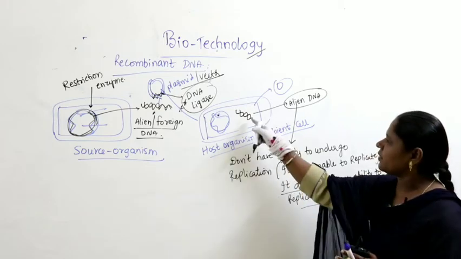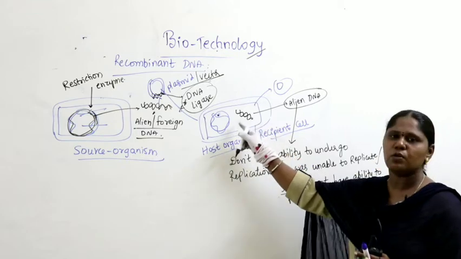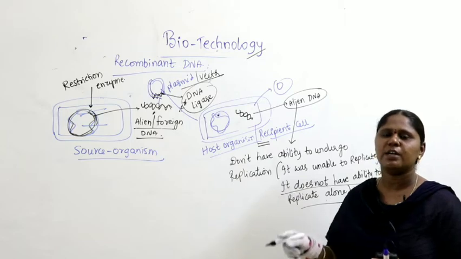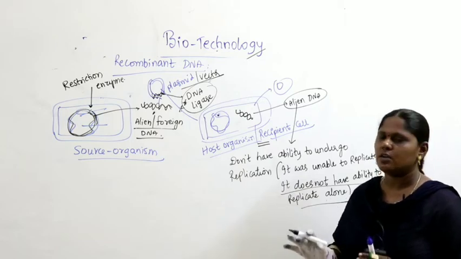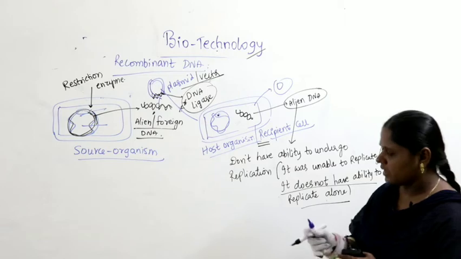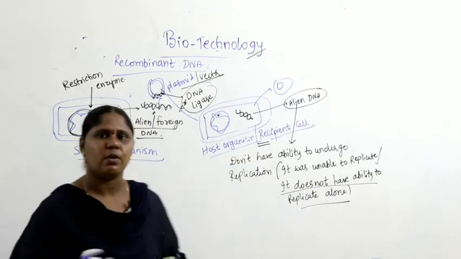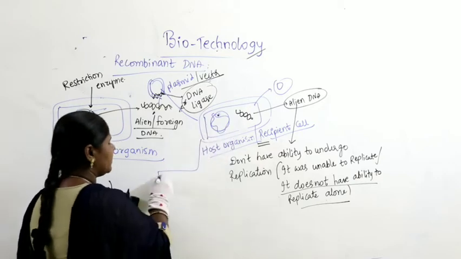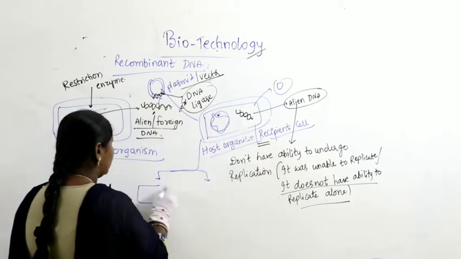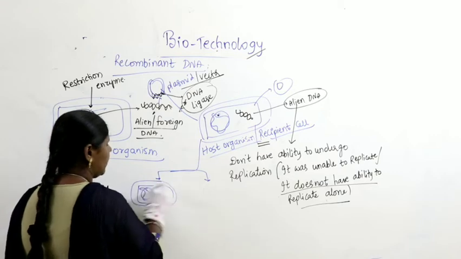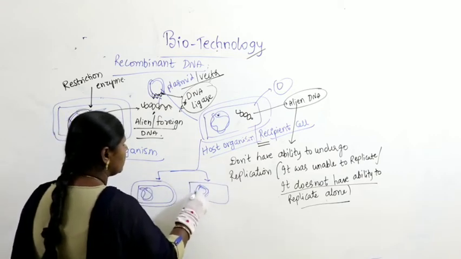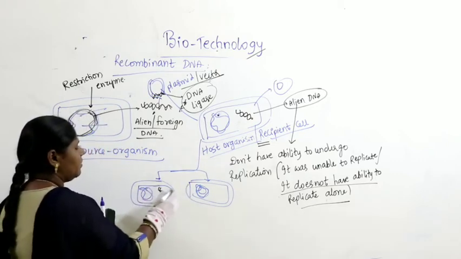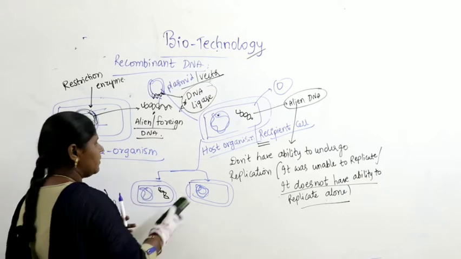Why? Because the fragment dropped into the host organism, into the recipient cell, does not have ability to undergo replication. They dropped it into the recipient cell and waited for some time. They did the experiment and found that the progeny cells had the same nuclear genome with old characteristics, because this particular fragment was unable to replicate.